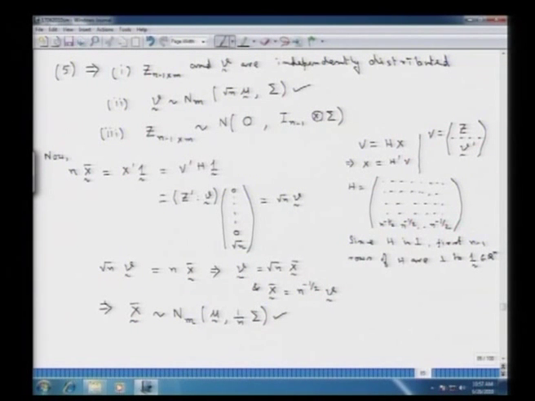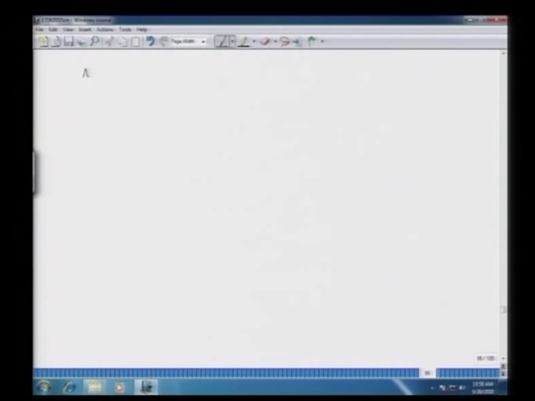Now, let us look at how to use this part and this part in order to prove the remaining portions of this result. Now, note that the A matrix that we had defined was given by x minus 1 x bar transpose, whole transpose, into x minus 1 x bar transpose.